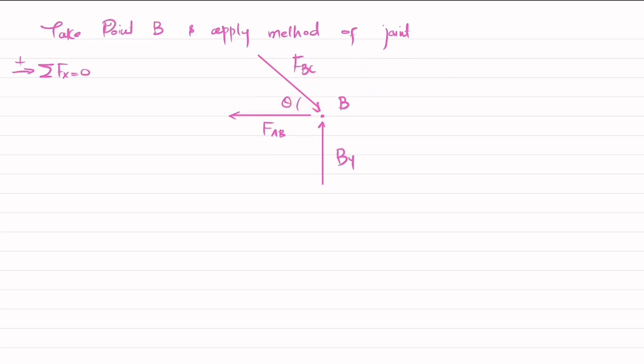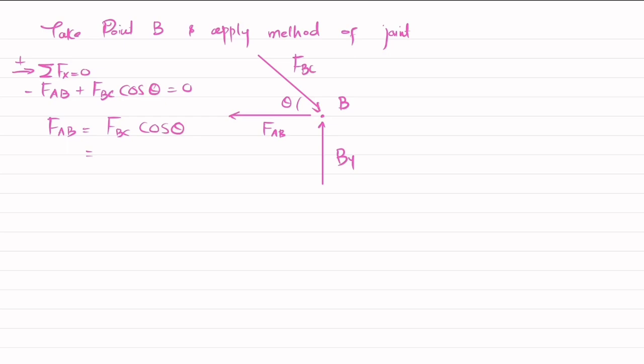Their sum must be equal to 0. So I will write minus FAB plus FBC cos theta is equal to 0. We are interested to find FAB, so FAB is equal to FBC cos theta.